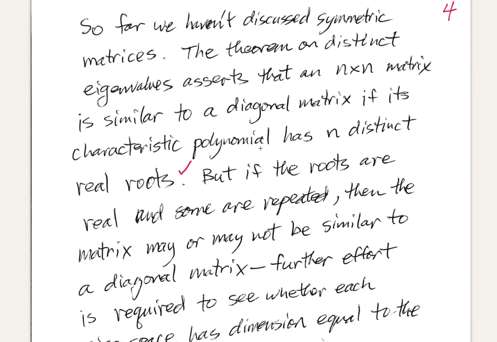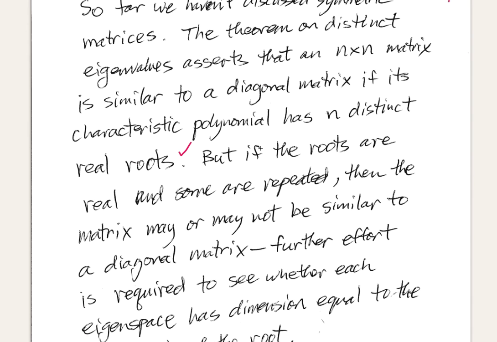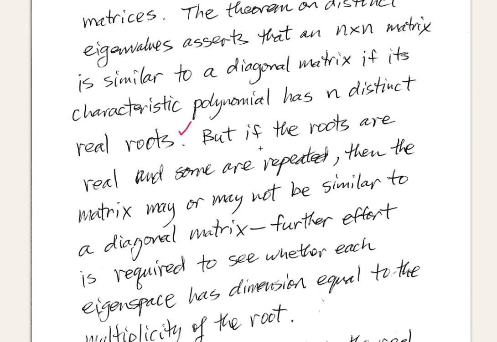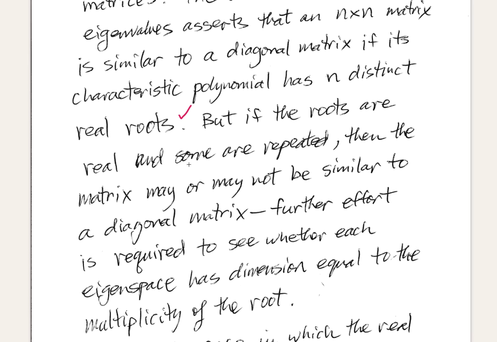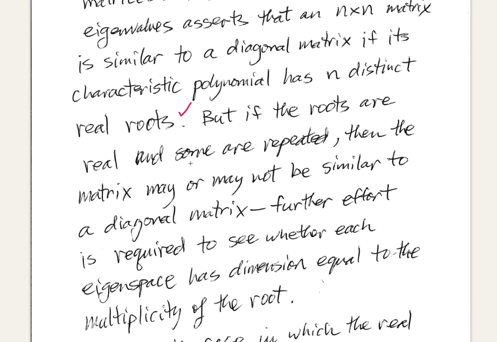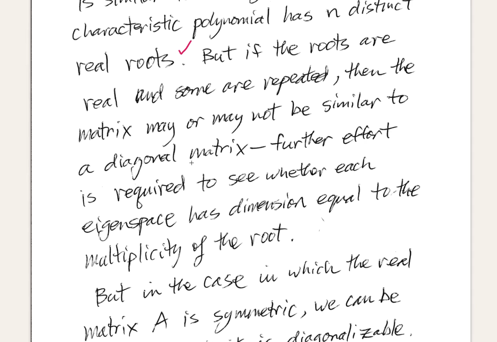But if the roots are real and some are repeated, then the matrix, I'm going to point out, may or may not be similar to a diagonal matrix. So in the case where they're not all distinct, different things can happen here. It may not be diagonalizable.